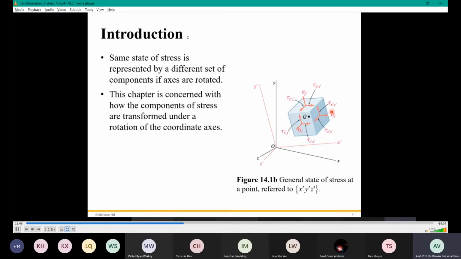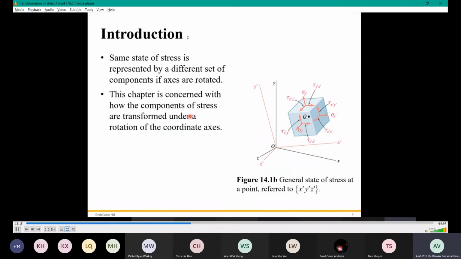But forget about the axis system there, just understand where is positive, where is negative, because again, it differs from the normal axis system, the normal graphing system. Although it looks like a graphical representation, it doesn't follow a graphical representation in the Mohr circle. Right? The same state of stress is represented by a different set of components if axes are rotated.